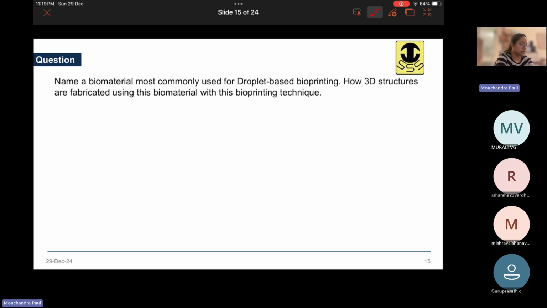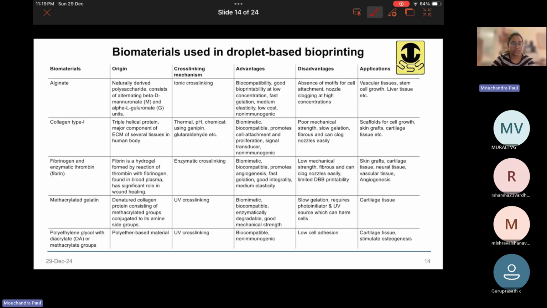So these are some of the materials that are used for extrusion-based bioprinting. But we already discussed a paper as well, where in that paper they used one of these. So that's basically the answer. If you remember, you can. Methacrylated gelatin.